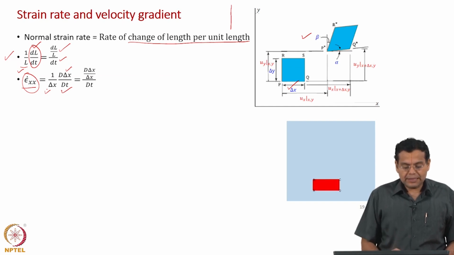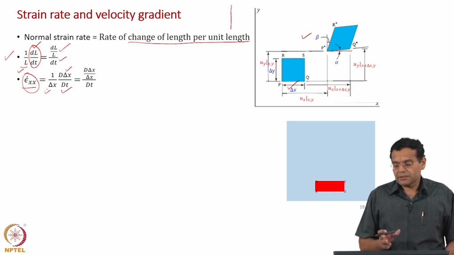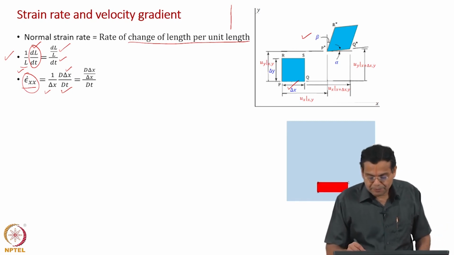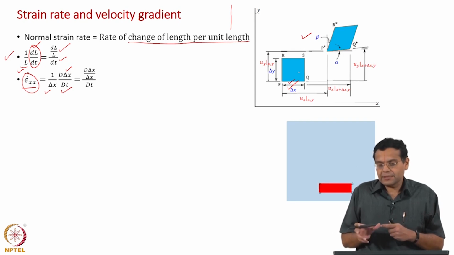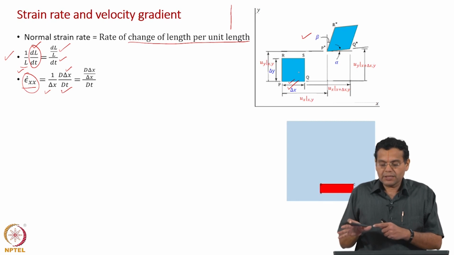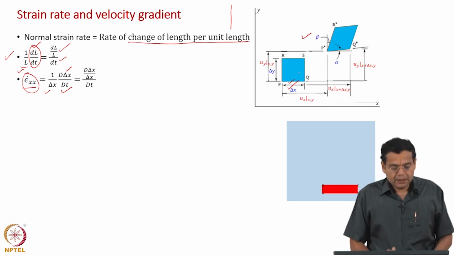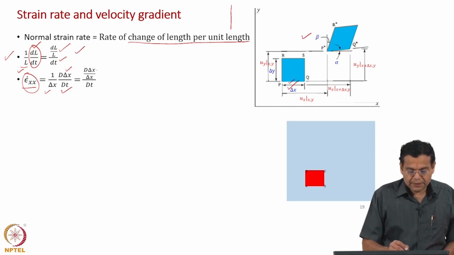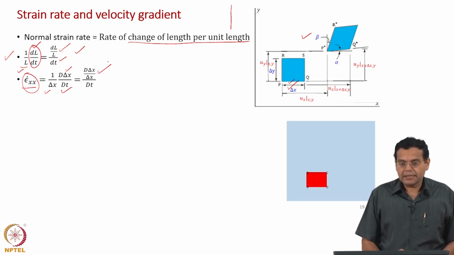The d by dt used here is capital D by dt, the reason being this derivative is taken following the fluid motion. Remember, this line PQ is in a fluid, and the rate of change of its length is determined by following its motion along with the fluid. That is why we take a substantial derivative D by Dt. As we have rearranged here, this expression is also rearranged as d delta x by delta x divided by dt.